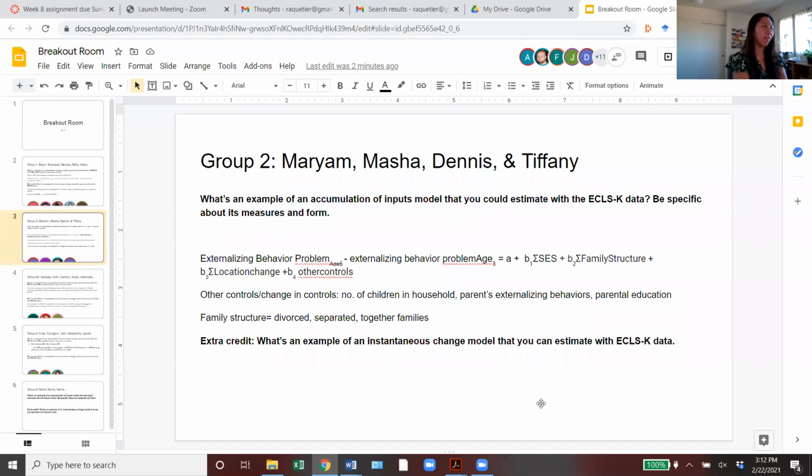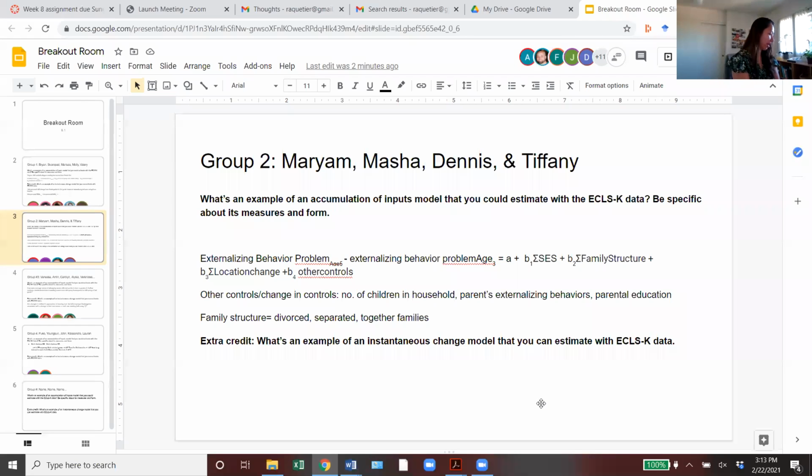Then our second variable that we included is family structure. That means if the parents are together, or if it's a single parent, or if they're separated. And then location change, for lack of a better word, is when they move, I think it was neighborhood characteristics.